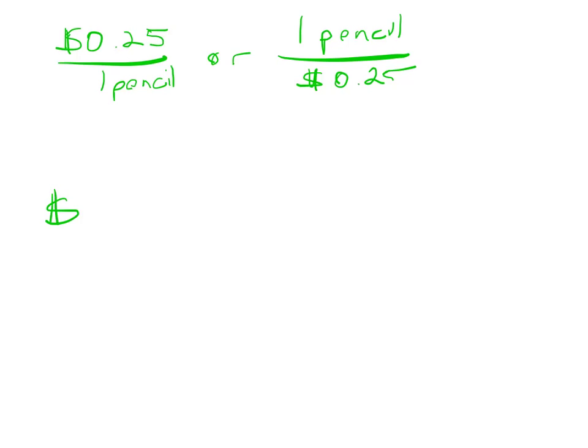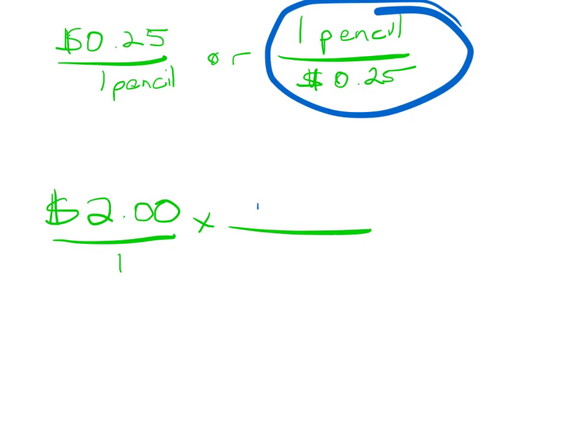And I've got $2. So I'm going to multiply that by, put that over 1. Again, this is money on the top, so I want my money on the bottom. This says money on top. Here's my money on the bottom. So I should choose this as my example.